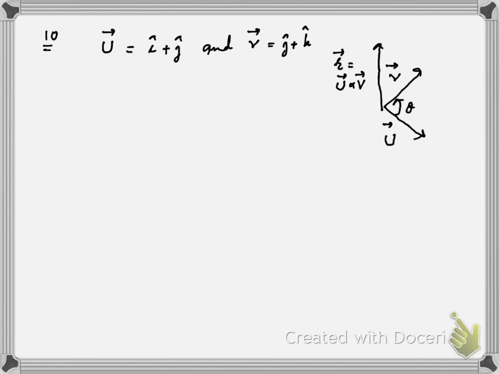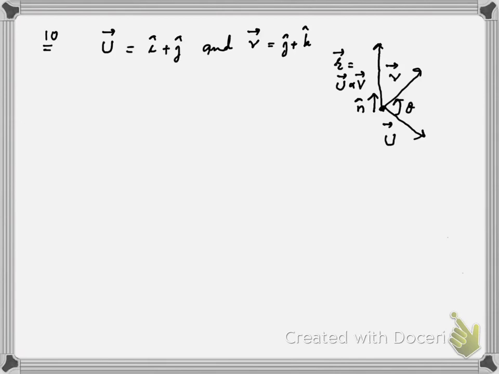Vector R, which is u cross v, is perpendicular to u and v both. Now the direction of this vector is the unit vector which is perpendicular to u and v both.